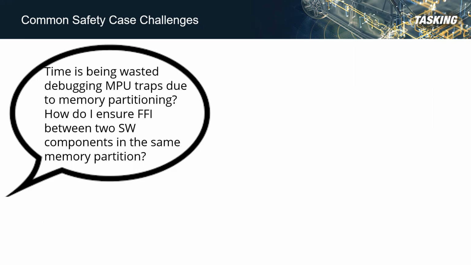How do you ensure that the ASIL A function is not trying to write a location in ASIL D? How do you ensure that a wild pointer from a lower ASIL level software block is not inadvertently accessing or trying to contaminate a variable from a higher ASIL related software component?